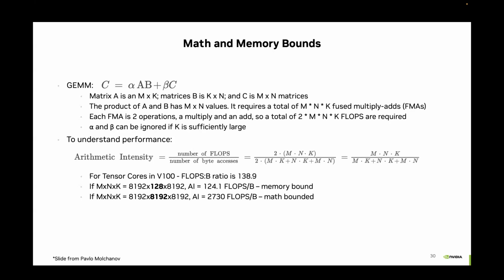And there is a lot of hardware that has a fused multiply-add instruction. Now, when you start talking about the flops of your system, typically you have to multiply the fused multiply-adds by 2 because 2 things took place. Each fused multiply-add actually did 2 operations. Okay. And also note, alpha and beta, if K is large enough, they don't matter.